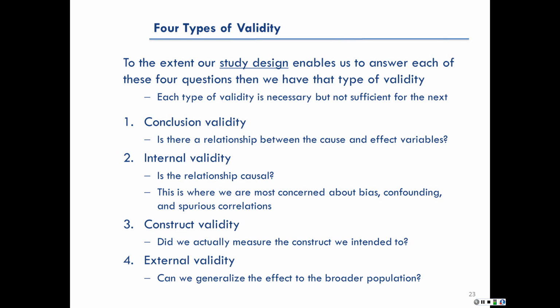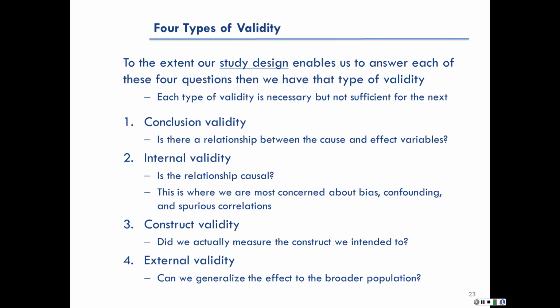The third type of validity is construct validity. This is fairly straightforward: did we actually measure the construct that we intended to measure? Lastly, the fourth type of validity is external validity. Here the question is, can we generalize our findings from the particular study sample or population that we conducted our research in to a broader population?